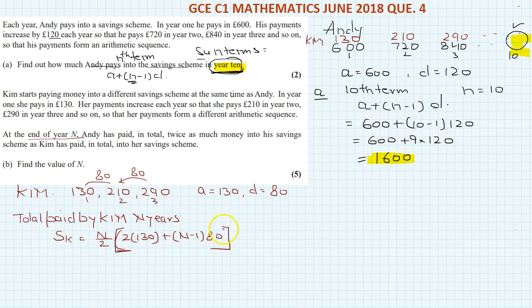So this is the sum of the money paid by Kim at the end of n years. Now let's find the total money paid by Andy. So S_A will be n over 2 times 2a, a is 600, plus n minus 1, and d is 120.